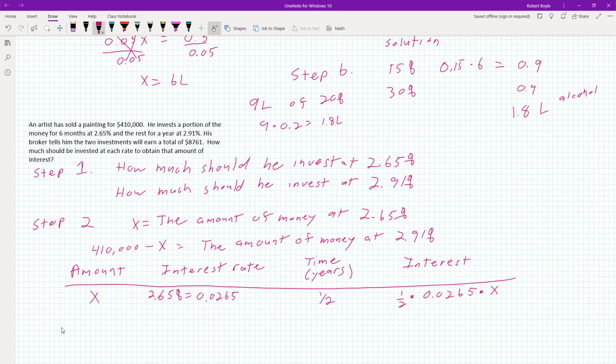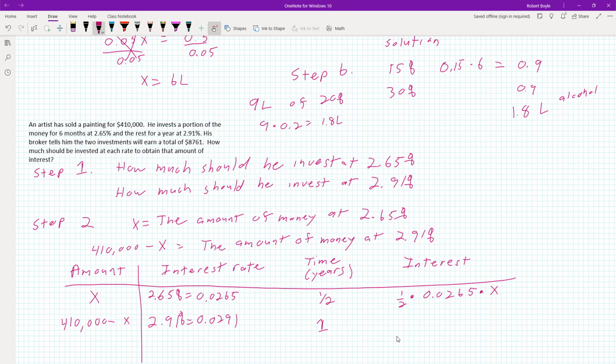Now, for the other account, we're going to invest the rest, and that will be, oh, it's kind of poetic, invest the rest. I kind of like that. $410,000 minus X, and we are going to invest that at 2.91%, which is equal to 0.0291, for 1 full year.